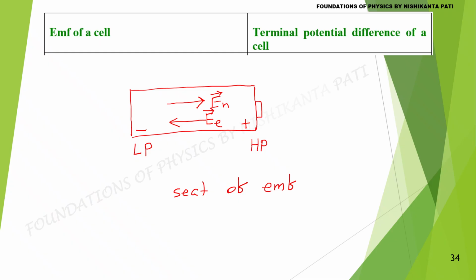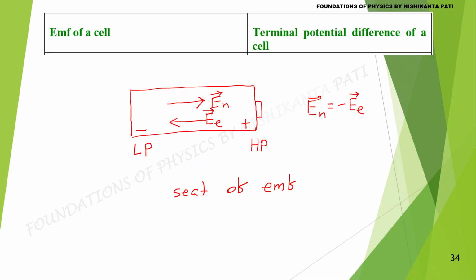So in the open circuit, the net field is 0. So En vector equals minus Ee vector. That is why no free electron moves from left to right or right to left.